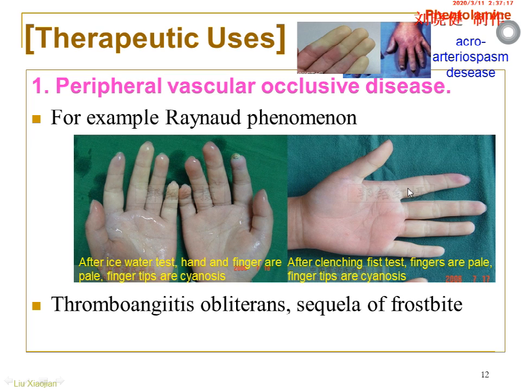Look at this. This often means acroarterial spasm disease. The small arterial circulation is not good enough. So this disease is actually like Raynaud phenomenon.